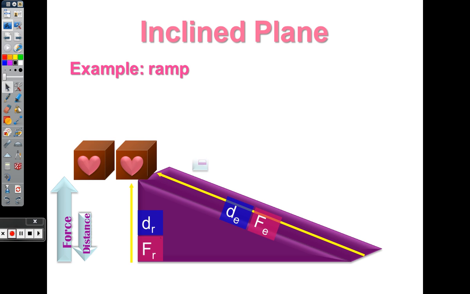Small force, large distance. That's right. But when you multiply them together, they're going to equal the same amount of work. Because remember, simple machines don't change the amount of work you do. They just change either the force or the distance to make it easier.